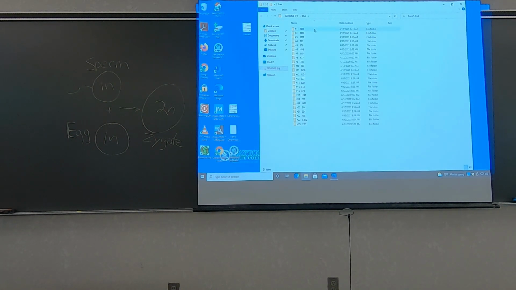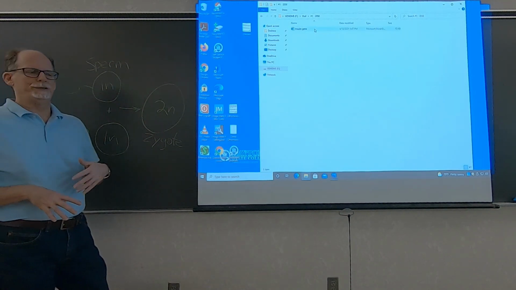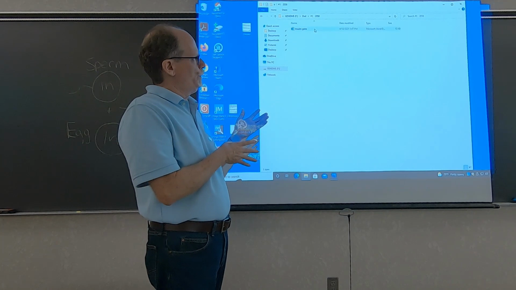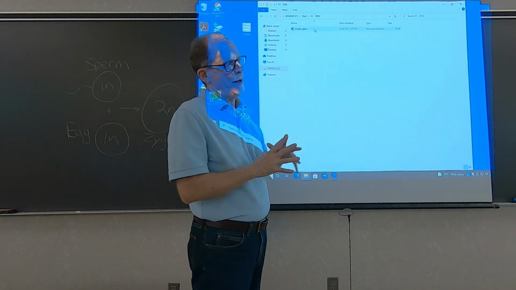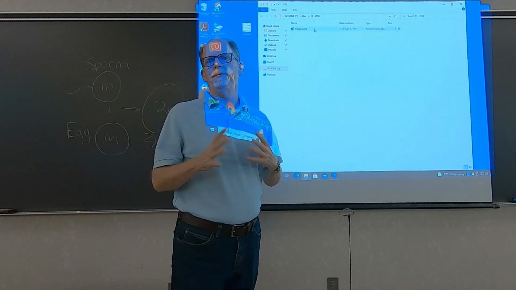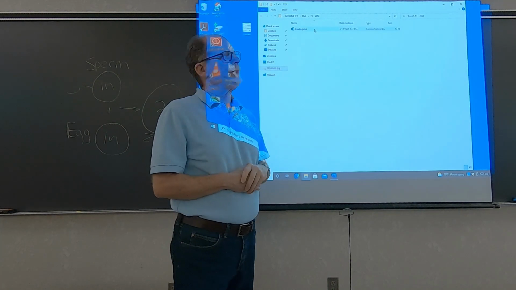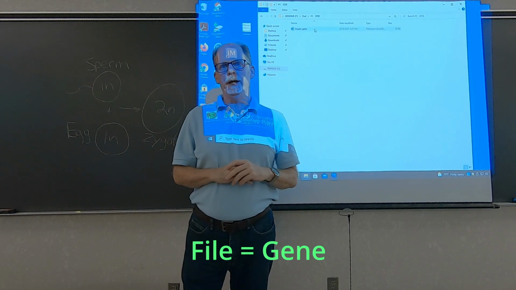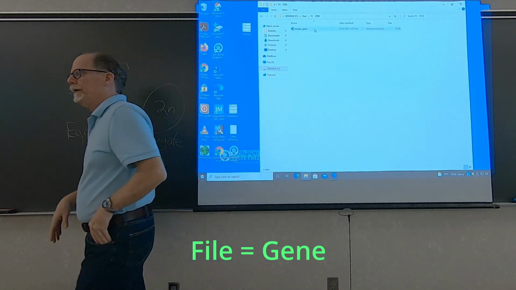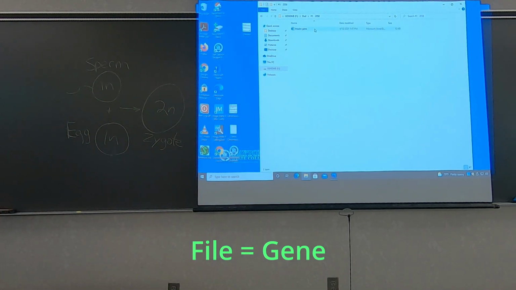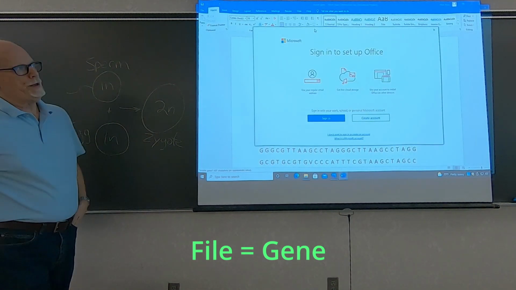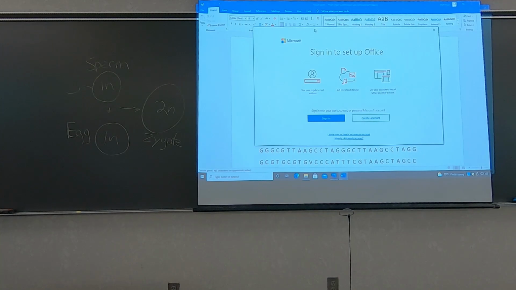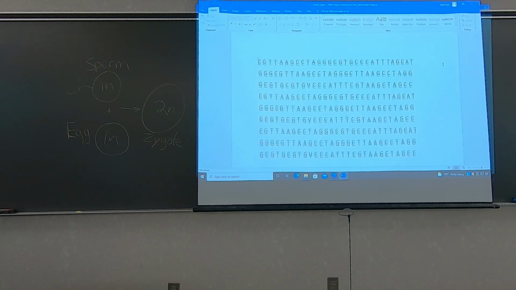So in Dad's folder, let's open up folder number 1. Instead of putting all 2,058 genes in this folder, it would be kind of redundant. I just picked the insulin gene to give you an example of what we mean by a gene, right? A gene would be like a specific file on a computer. So if we decide that we need insulin in one of our cells, then this is the genetic information.